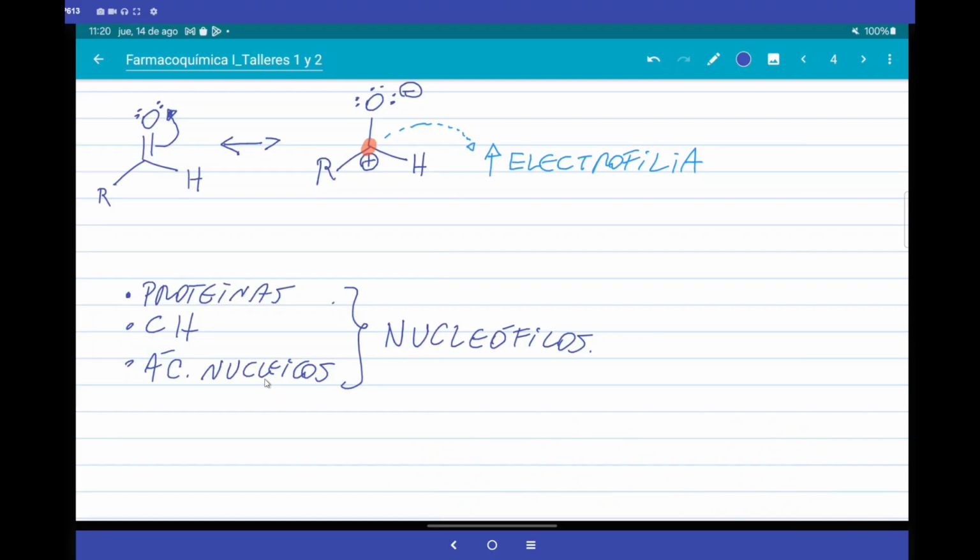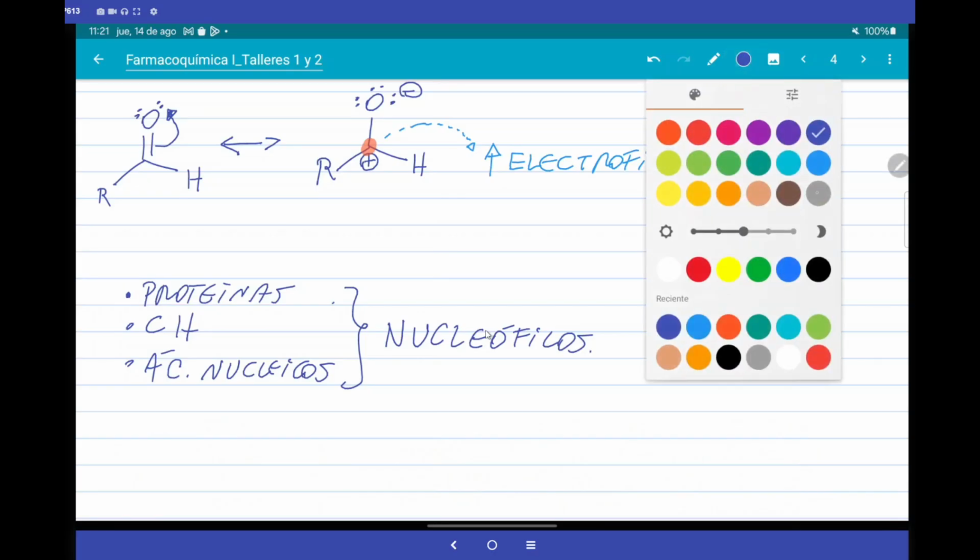So DNA, being negative, is nucleophilic. An aldehyde will wreak havoc when it binds to a protein, to genetic material, or when it alters chains of carbohydrates. So aldehydes react. What kind of reaction are we going to see? There I am going to place a single example so that the point is reinforced in a concrete way. Let's suppose we have the following.